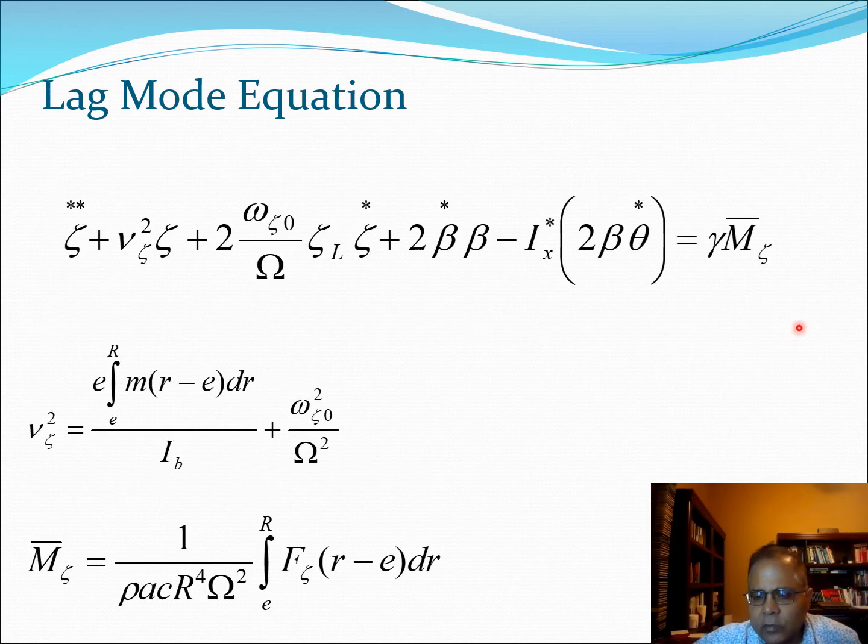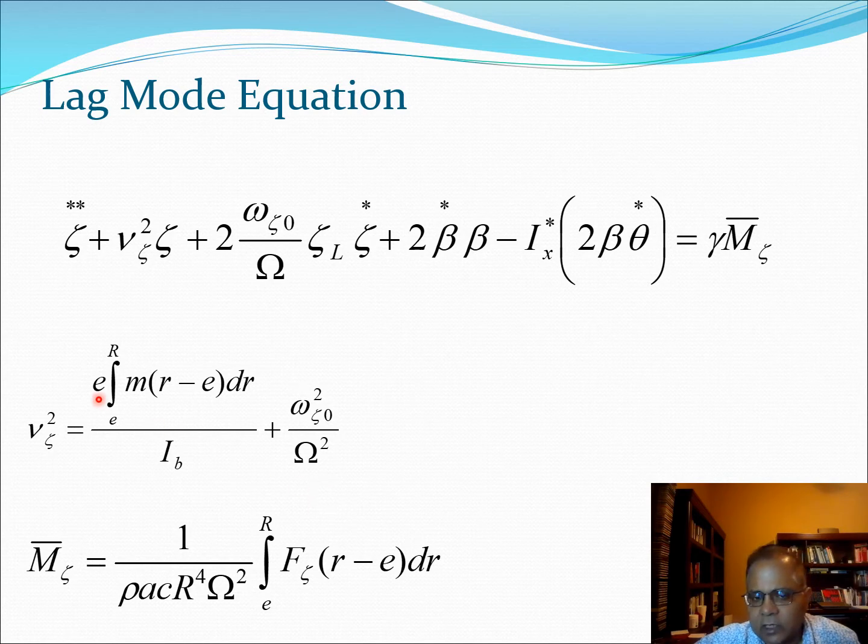So we are now looking more at the mathematical structure of the equation, so we are making some of these approximations. So nu zeta is given in this form here. Now, as I mentioned before, looking closely at nu zeta, if E was 0, only this part would be contributing to your rotating frequency, and that may be too low.